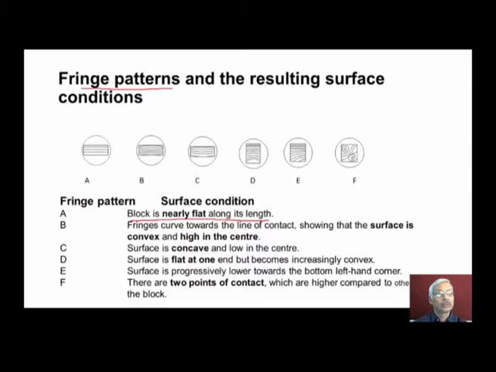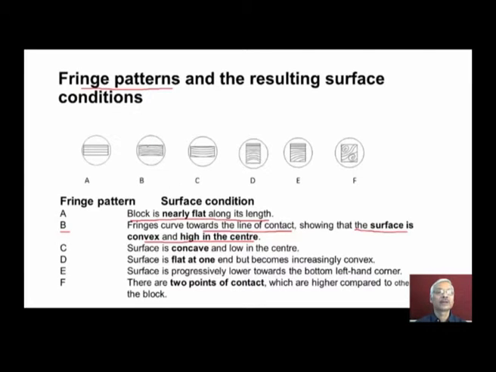Now, in this case, we have convex fringes. So this is case B. Fringes curve towards the line of contact. So here this is the line of contact and this is the line of contact. Fringes curve towards the line of contact, showing that the surface is convex and high in the center.